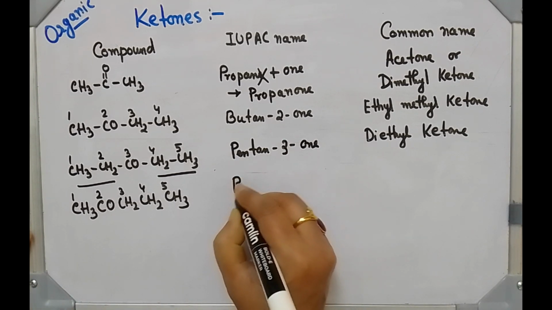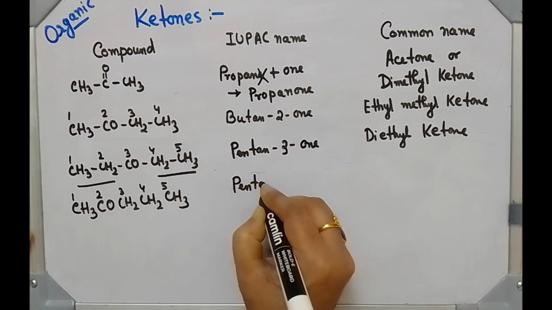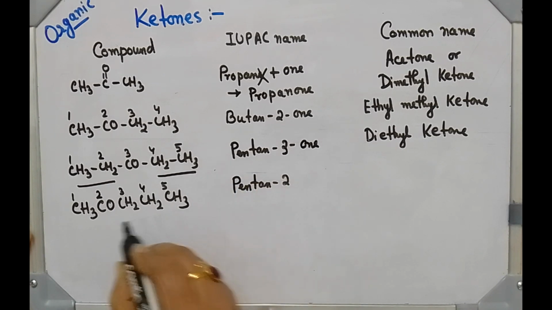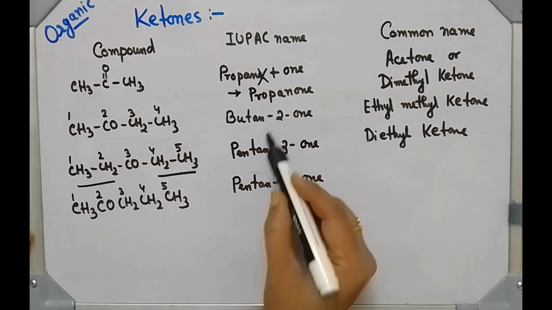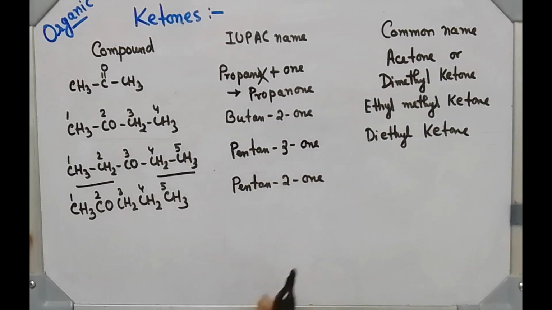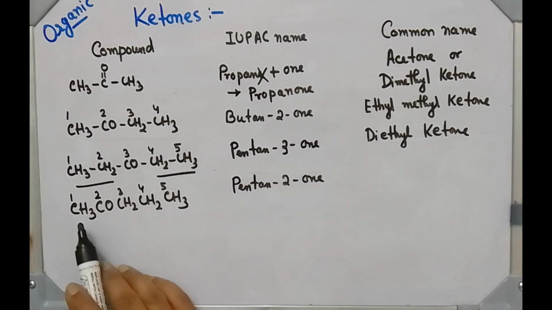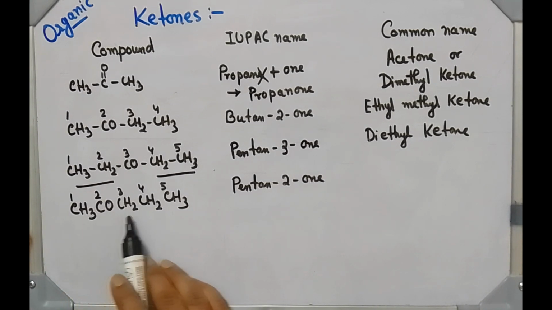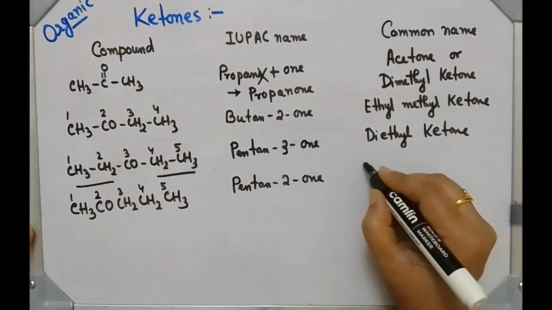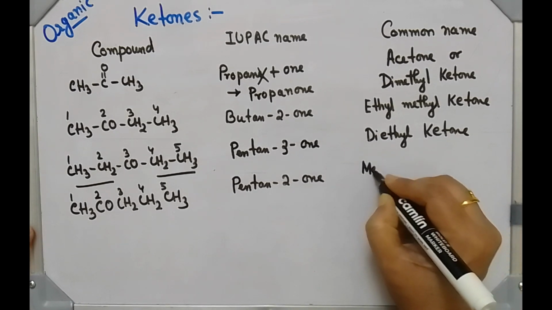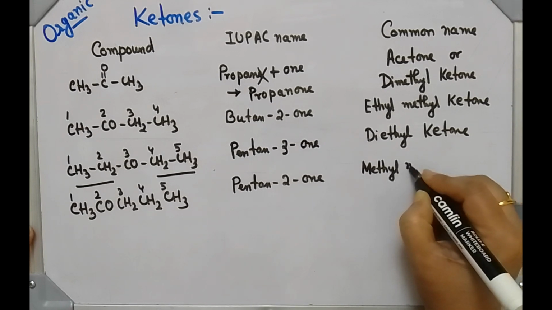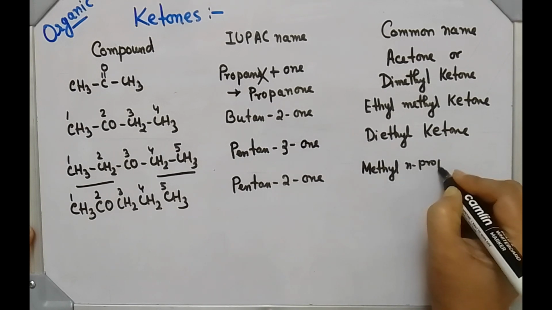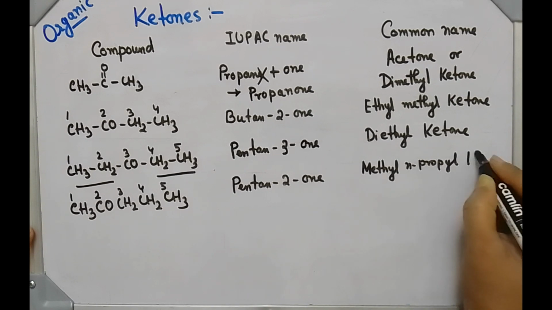So pentane, and you have to mention the position at which the ketone is there, 2-one. Everywhere we are dropping the E. It has a methyl group and this is an N-propyl group. Alphabetically M comes first, so methyl N-propyl ketone.